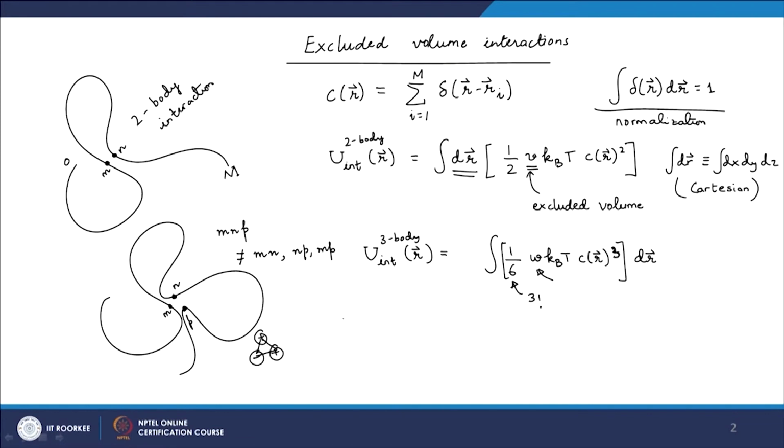So, essentially then if I account for both of these, then we get, and in fact, just like we talked about a three body interaction, we can think of a 4 body interaction, 5 body interaction and so on.